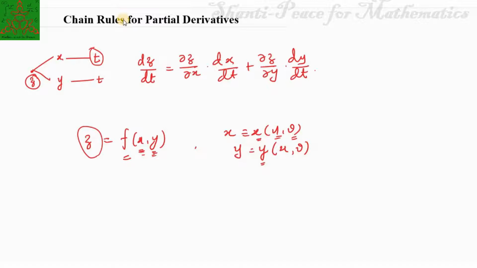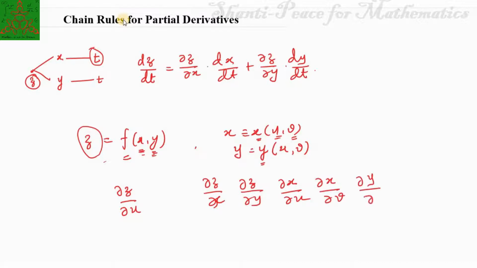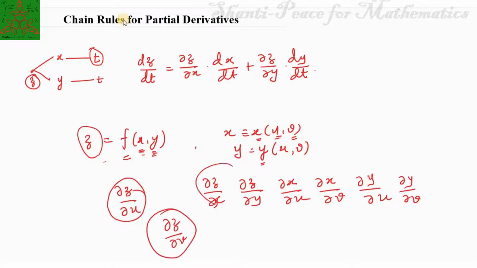What should be the partial derivative of z with respect to u, and of z with respect to v, in terms of the partial derivatives of z with respect to x and y, of x with respect to u and v, and of y with respect to u and v? That we will discuss in this lecture.